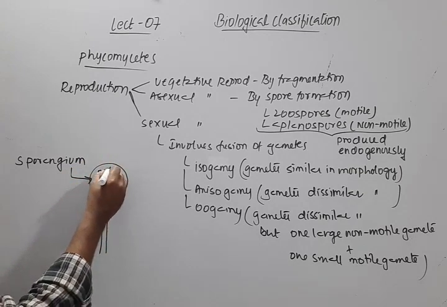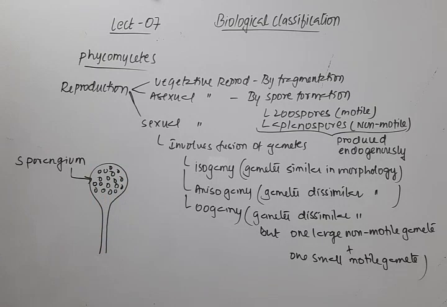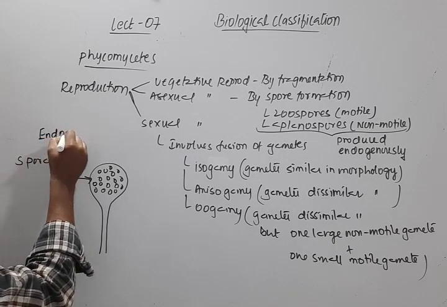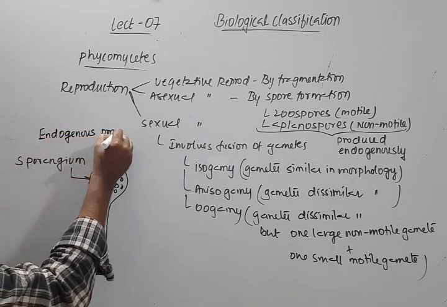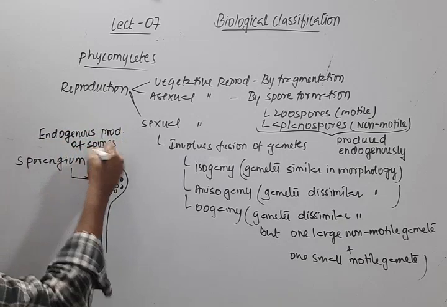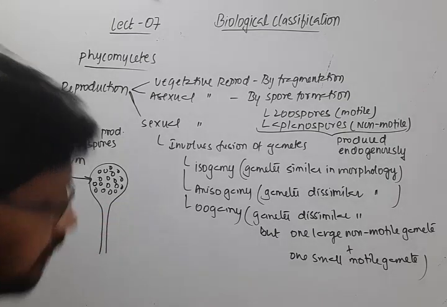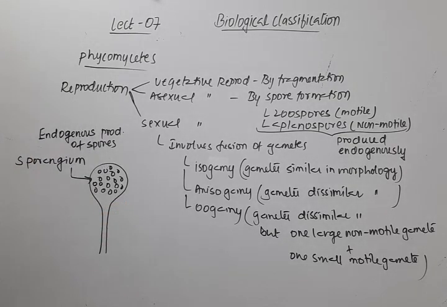Such a mode of producing spores is called endogenous production of spores. Of course, later we will see exogenous spore formation also. Here I am discussing especially the zoospores and aplanospores, which are produced endogenously in a special structure called the sporangium.